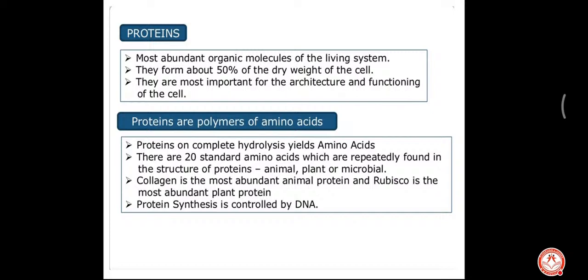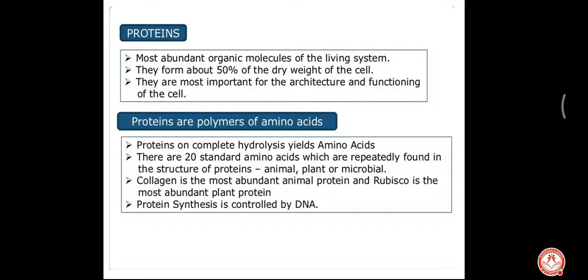Collagen is the most abundant animal protein. Rubisco is the most abundant plant protein, or we can say Rubisco is the most abundant protein found in a living system, either plants or animals. And carbonic anhydrase is the fastest enzyme.